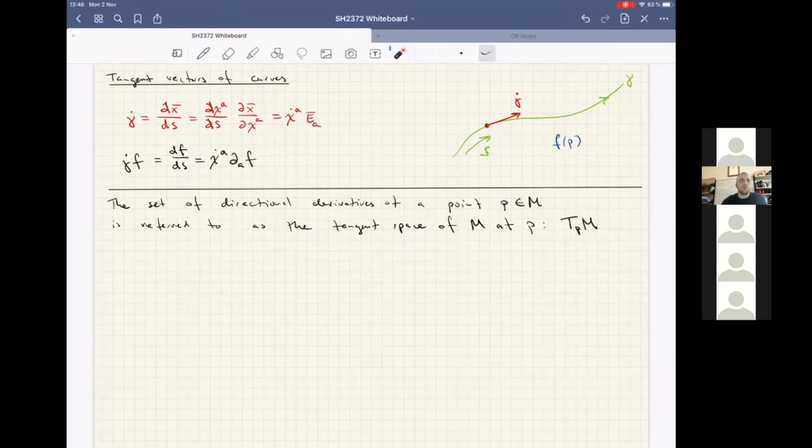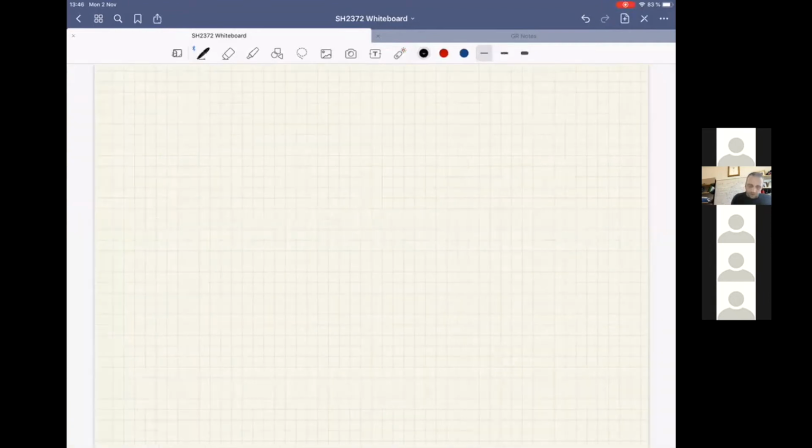So before we take a break, I also want to discuss, because if you remember last time, we were talking both about the tangent vector basis, but we were also talking about the dual vector basis. So the tangent vector basis had these indices downstairs and components with indices upstairs. But we also introduced a different basis, which was the dual basis.